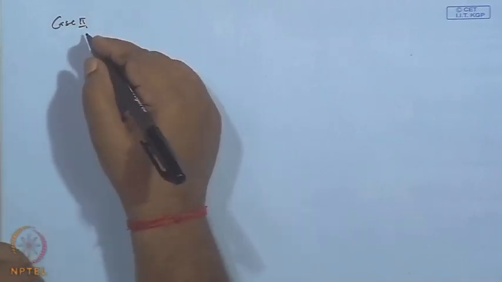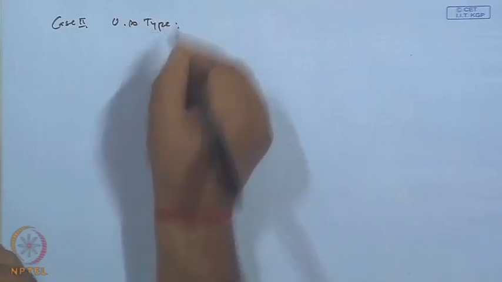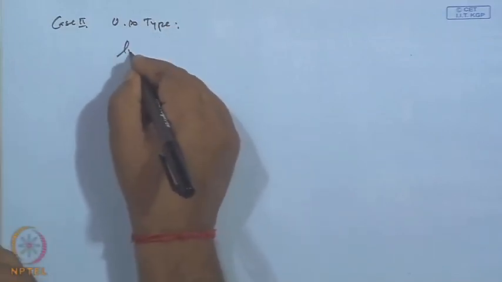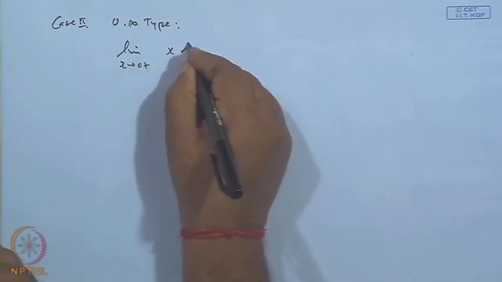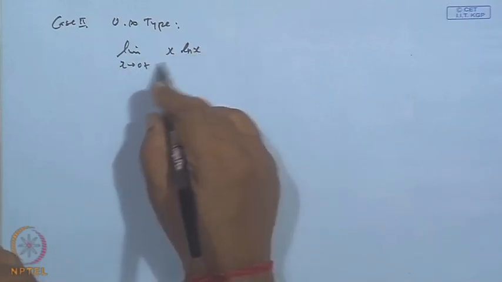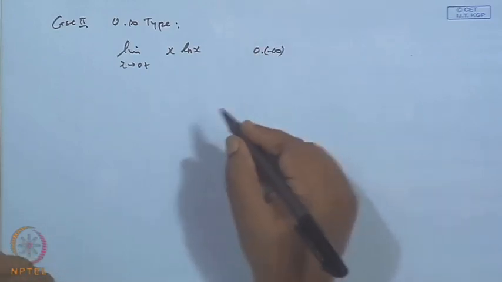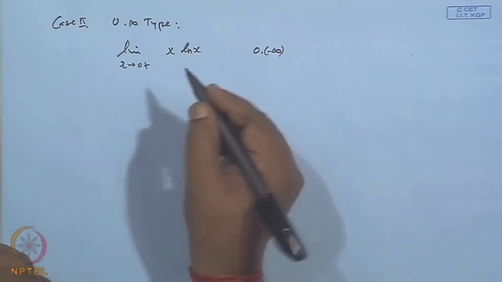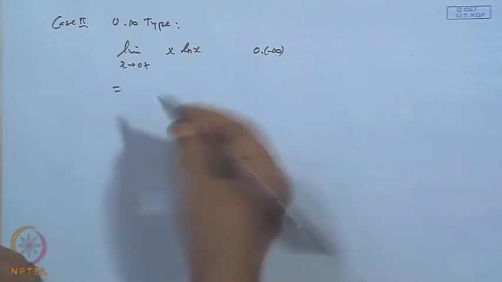The second case is the 0 into infinity type. Suppose I want to take the limit as x tends to 0 plus of x ln x. When x tends to 0, it is 0 into minus infinity, that is, the 0 into infinity type. So how to handle it? What we do is put it in the form of 0 over 0 or infinity over infinity.